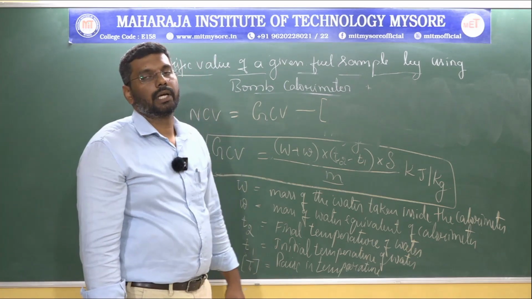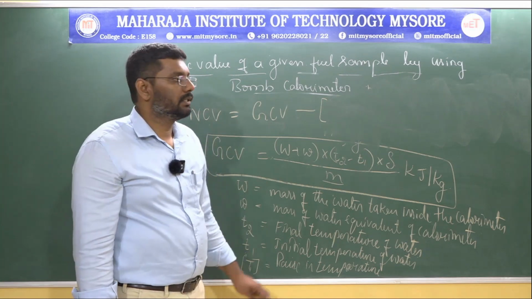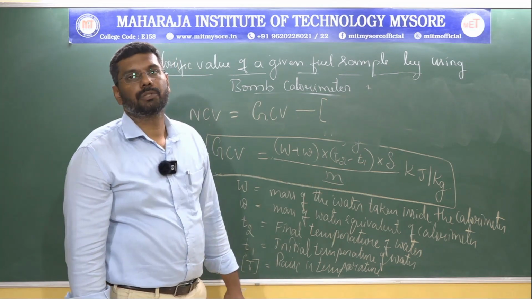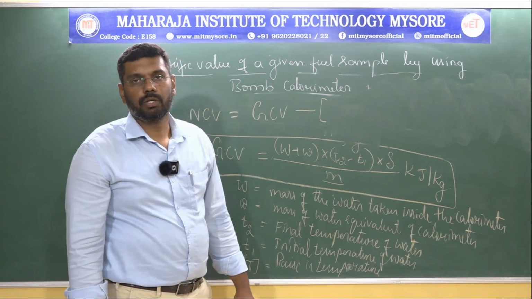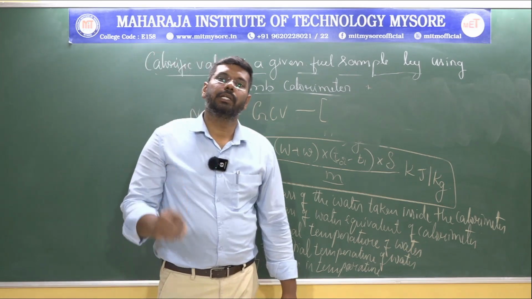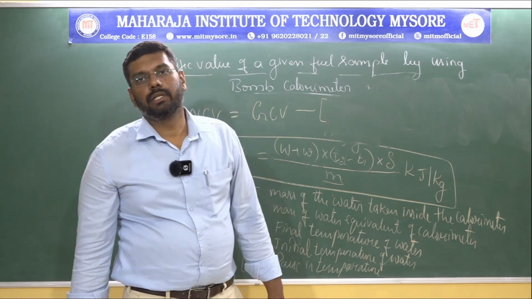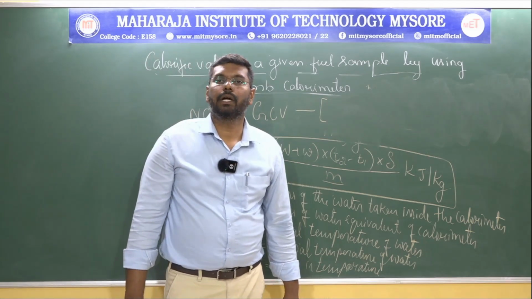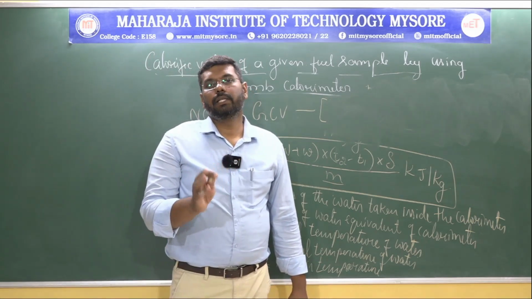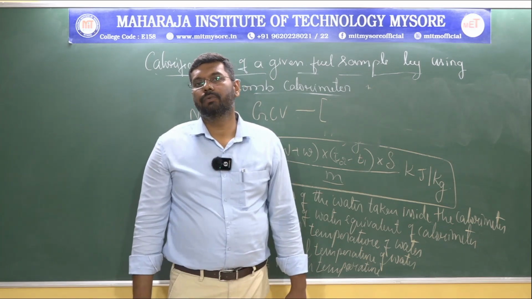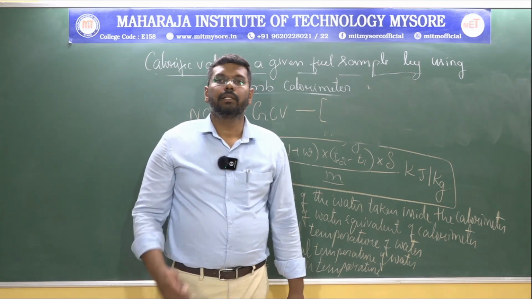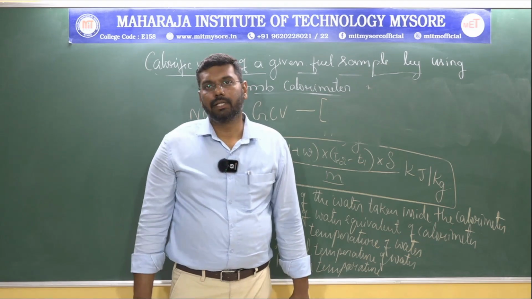As I told, to calculate NCV, we know that the byproduct obtained during the combustion process is the water molecule. So if a water molecule has to be released as a byproduct, that fuel has to contain hydrogen in it. When hydrogen, carbon and oxygen exchange valence electrons between these atoms, a large amount of heat will be generated.